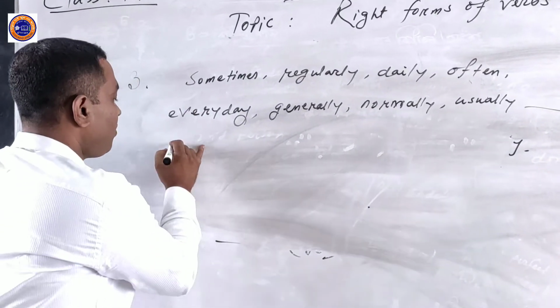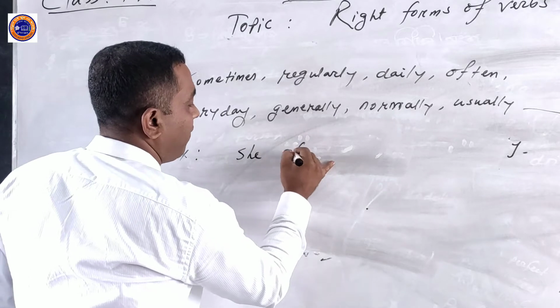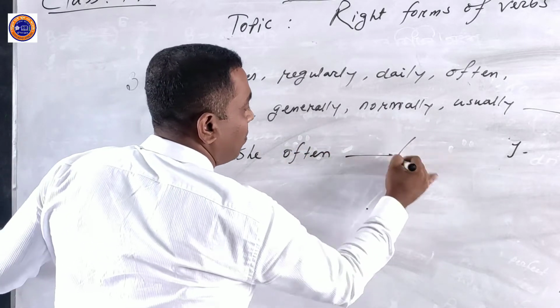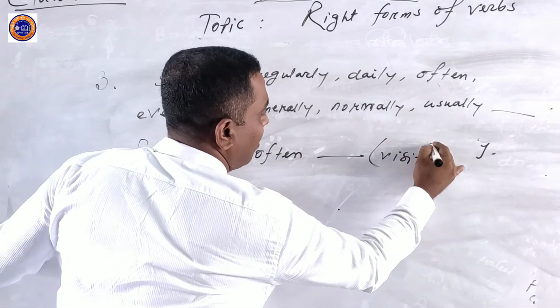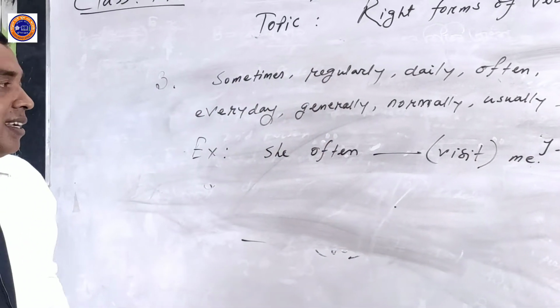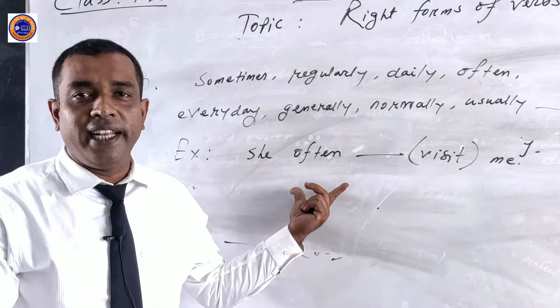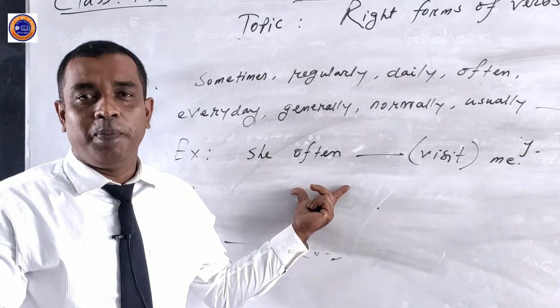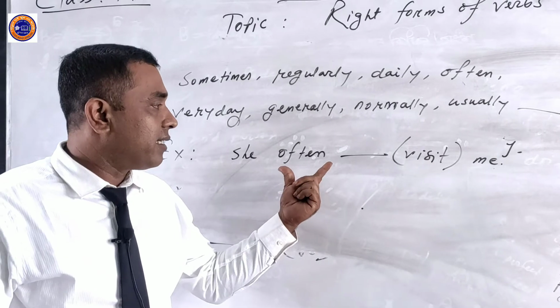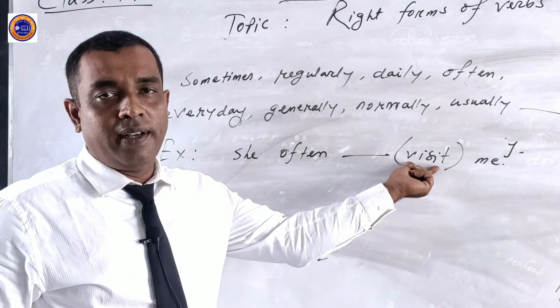Suppose I am giving you an example: she often visit me. You have to first think which type of tense it will be, and second, which form of the verb will be used.